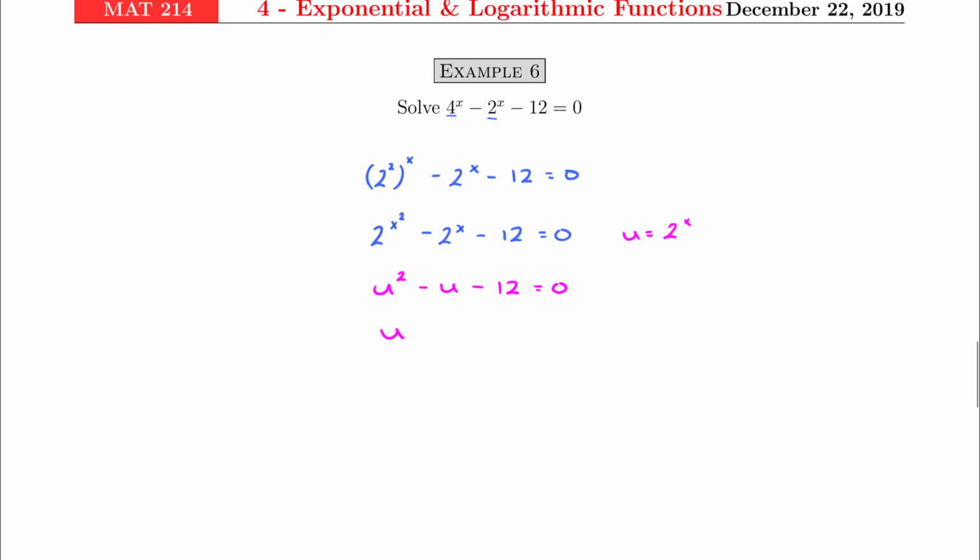This quadratic factors into U minus 4 times U plus 3. And now we can go back to our original variable, replace the U with 2 to the x. And with the zero product property, we can set each factor equal to 0.